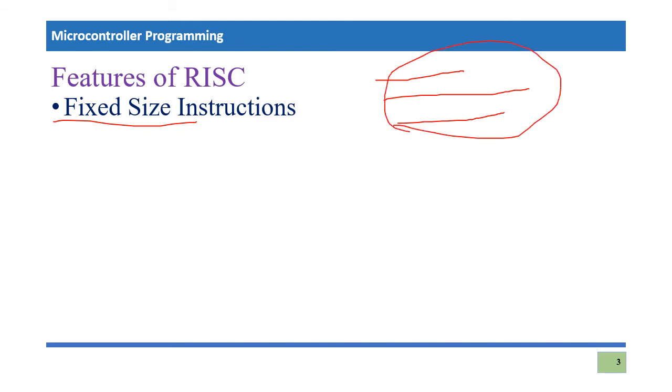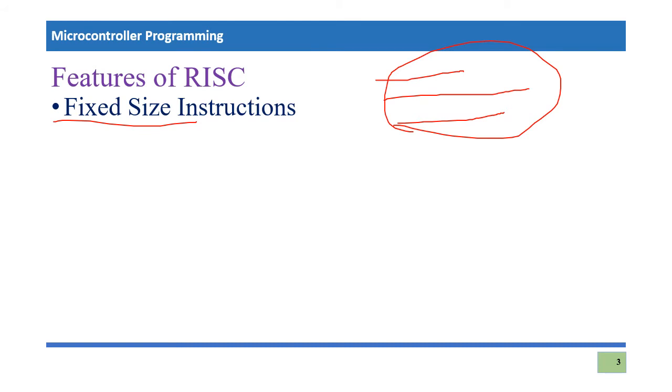What will happen? These instructions will take different, variable time to get executed. So that is the very wrong approach, or you can say not an optimized approach for the microprocessor itself. It will consume more time to process the same program, and it will consume multiple machine cycles to execute the same program.